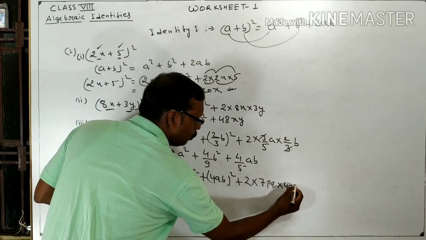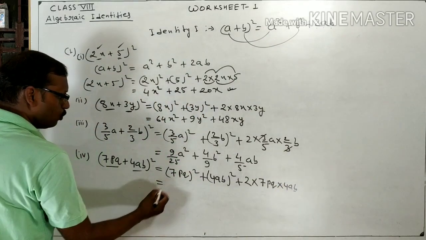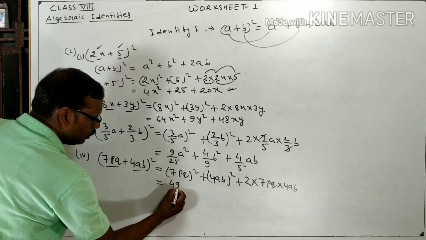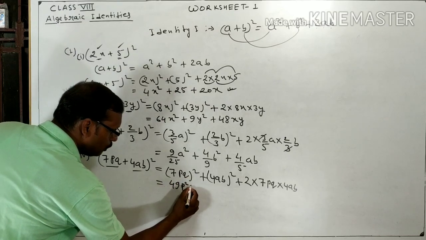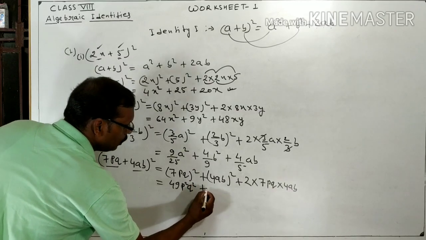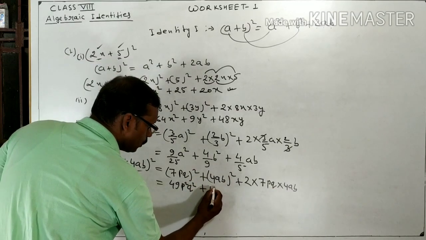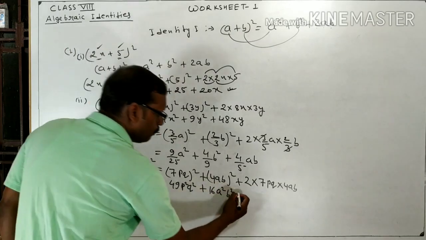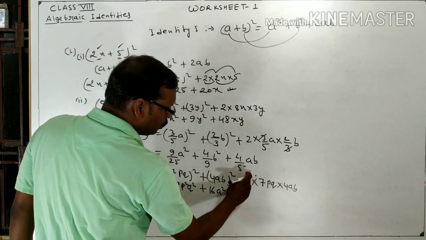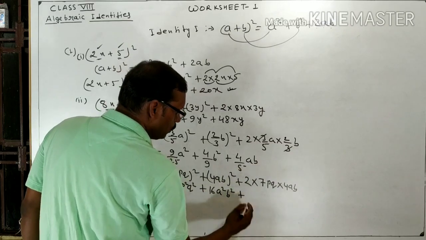Now solve it. 7 square is 49, write p square and q square separately, plus 4 square is 16, a square b square written separately, plus multiply the constants: 2 into 7 is 14, 14 into 4 is 56.